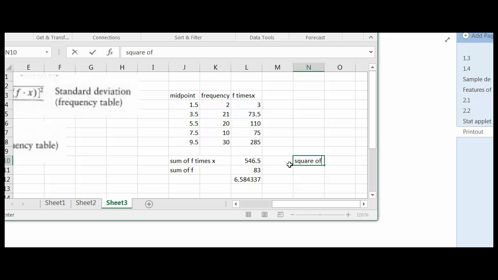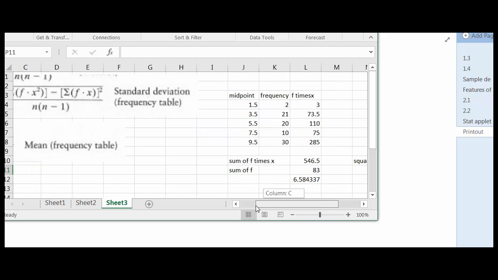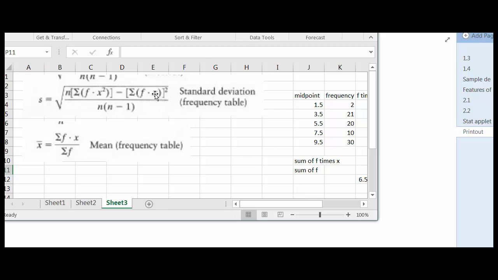So I take that number times itself. Okay, so I get a big number there. That was helpful. That sped up part of my formula.